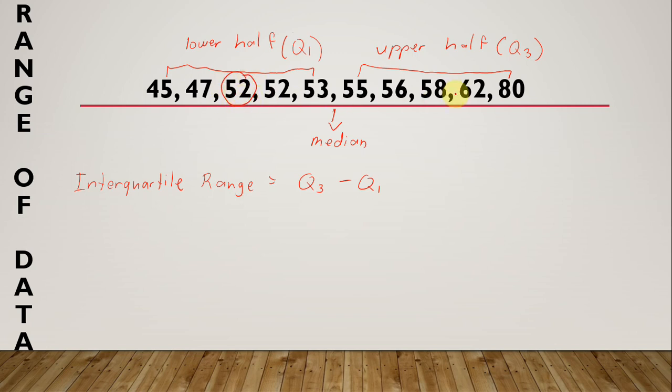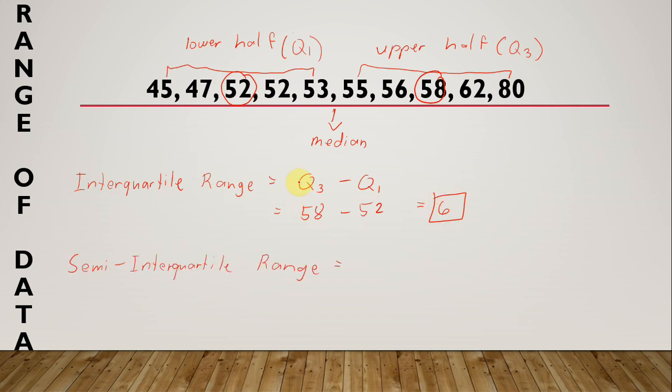And yung middle value natin sa upper half, that is 58. So para makuha po yung interquartile range, kailangan isubtract yung median ng upper half sa median ng lower half. So ang median ng upper half ay yung 58 at ang median naman po ng lower half ay yung 52. 58 minus 52 is equal to 6. Ibig pong sabihin, yung interquartile po natin is 6.